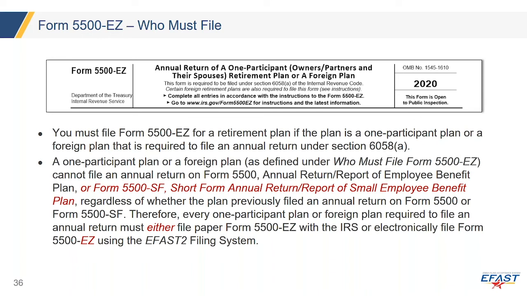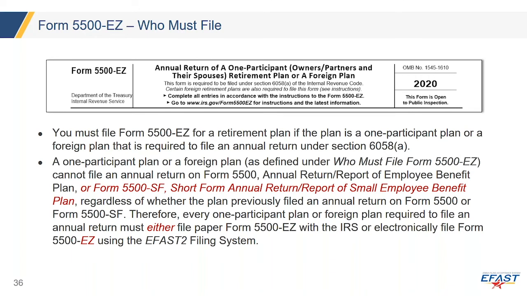The 5500 EZ is just used for one participant plans and foreign plans. One participant plan doesn't necessarily mean that it only has one participant. It just means this is a retirement plan.